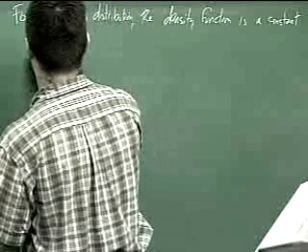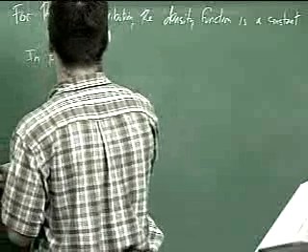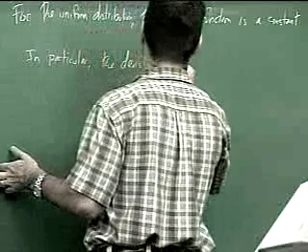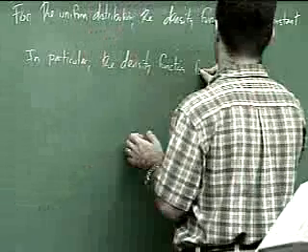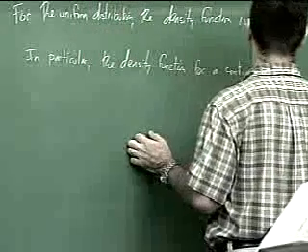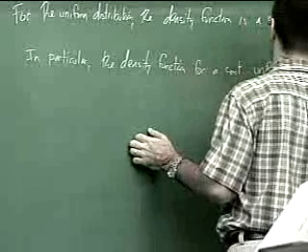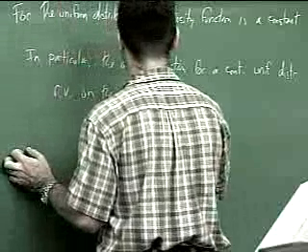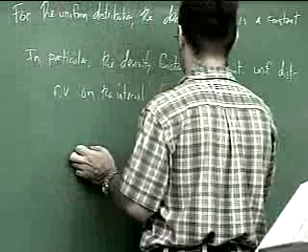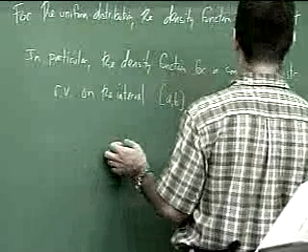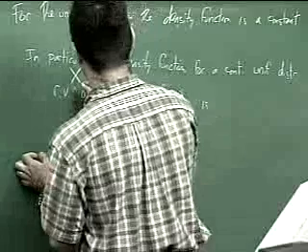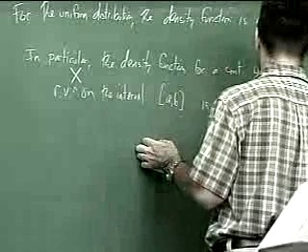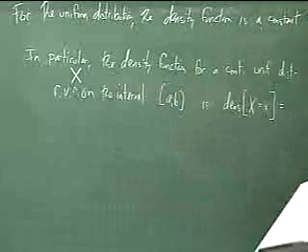So, in particular, the density function for a continuous uniformly distributed random variable, capital X, on the interval ab is, density X equals x is what?